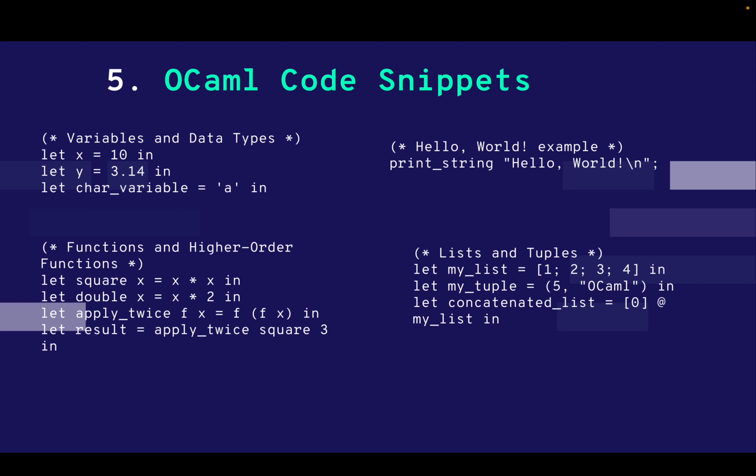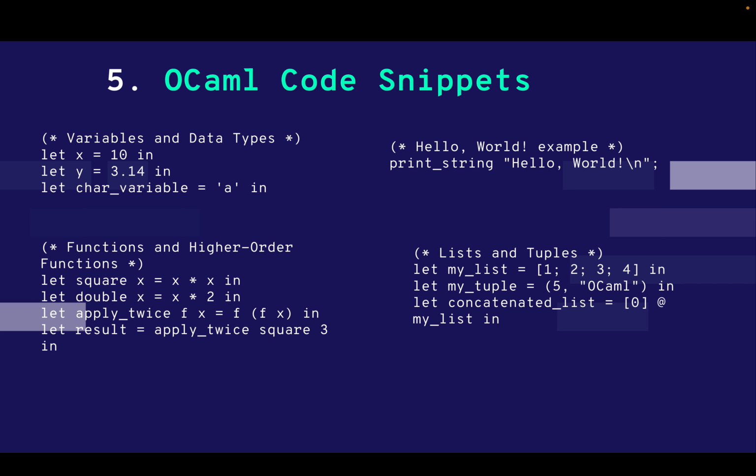Now on the bottom left, there is a code snippet that shows us functions and higher order functions, which means that I can put a function into a function and it'll give me out a function, and you can manipulate functions with each other. So for example, we have let square x equals x times x, which squares a number because it multiplies it times itself. Let double, which doubles a number. So whatever you want to put for an x, it'll double it.